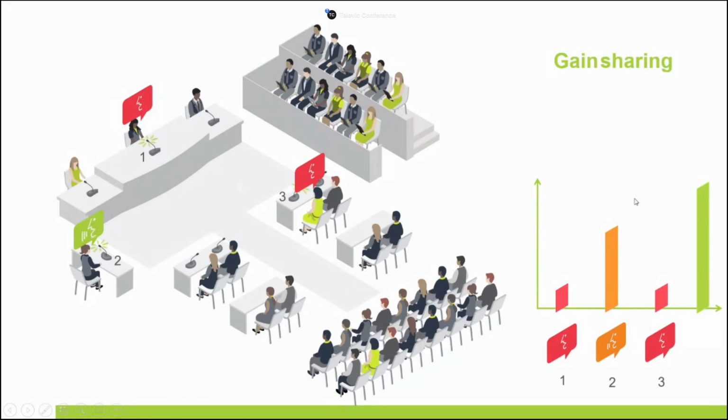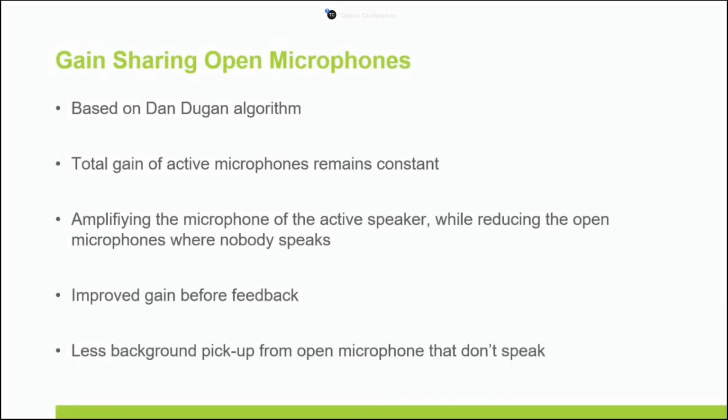And then same principle, if that second person starts to talk louder, you will get even more gain. And the principle of gain sharing obviously is that the output stays constant. So that's something that we've added.